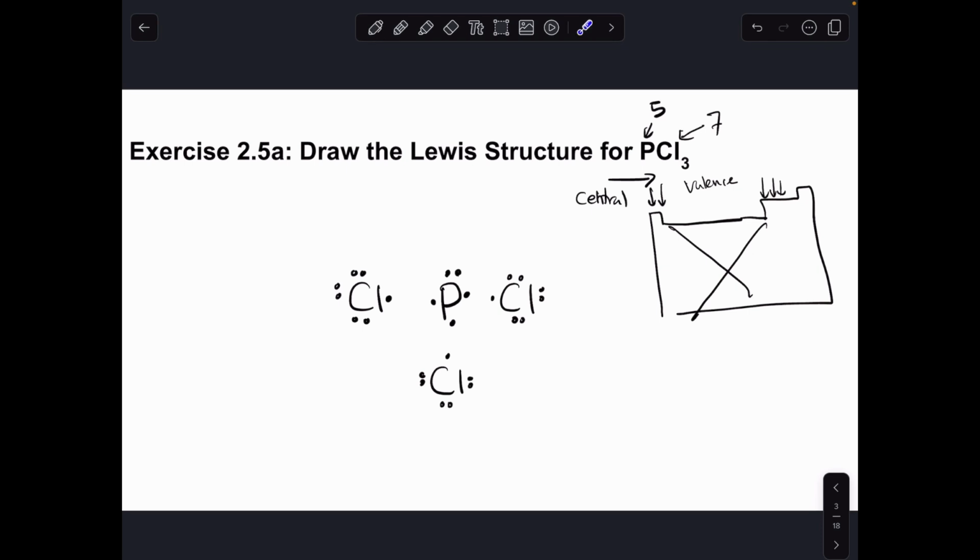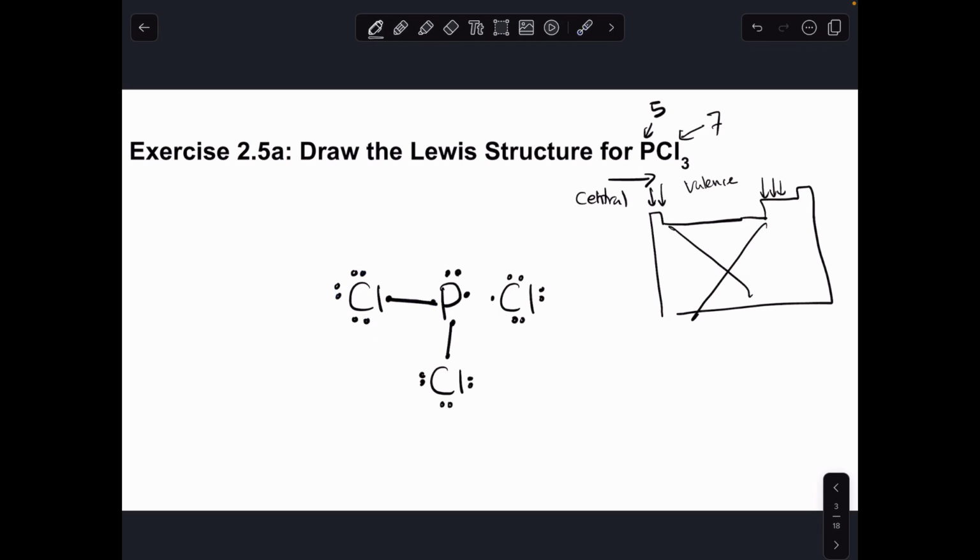So we start with valence electrons. Then, remember, we work on the outside ones first. Looking at this chlorine here, it has 7 valence electrons, so to achieve its octet, it only needs 1 more. So we're going to bond it there. By doing that, these all now belong to chlorine, so it has 2, 4, 6, 8, and it's good.